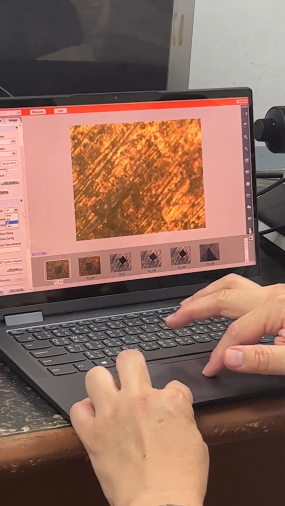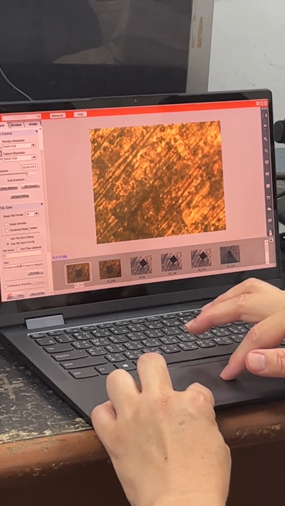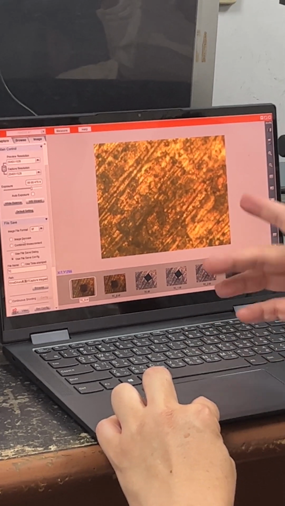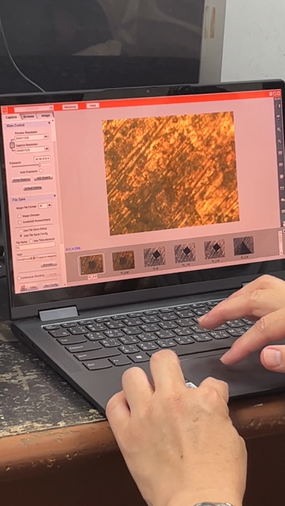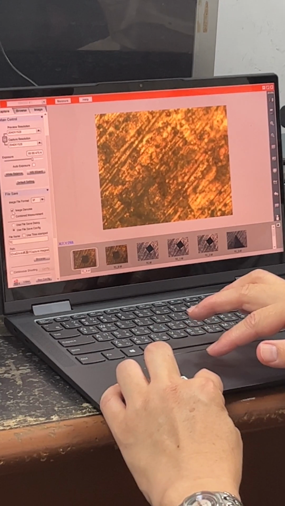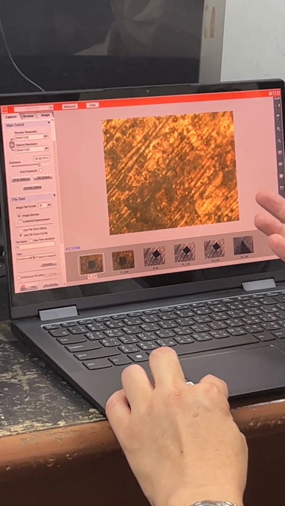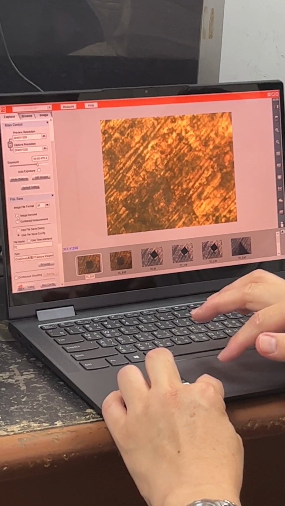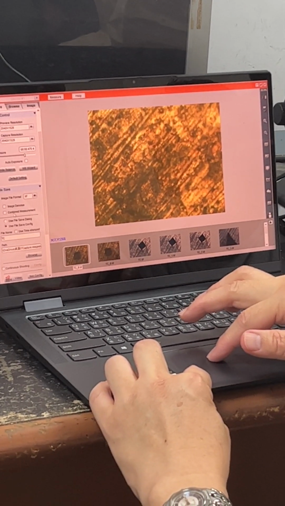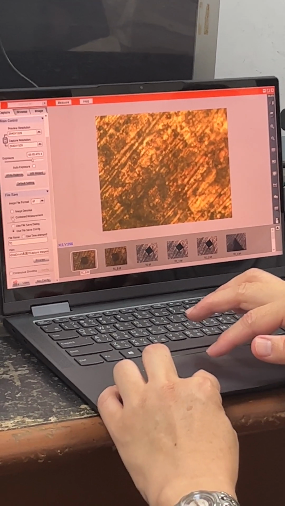And you may try by yourself, for example, image denoising. I don't know whether it works. It looks like it makes no difference. And combine measurement or some others.